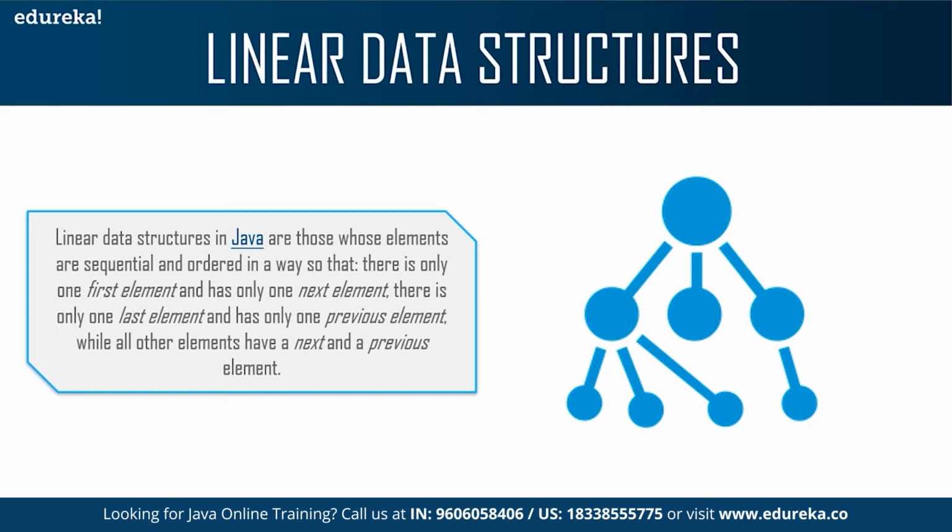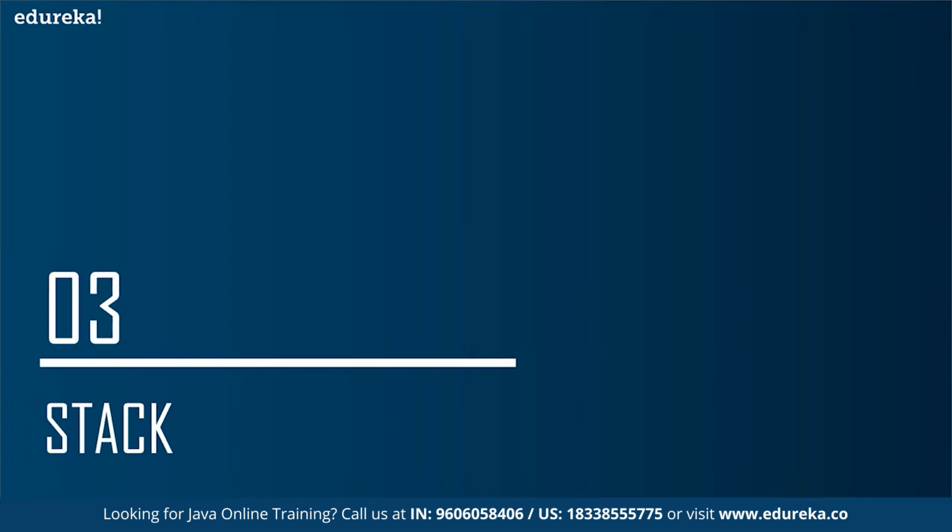So there cannot be any multiple previous elements or multiple next elements. Note that there is only one previous and next element. Simple. So based on these categories, linear data structures are divided into stack, queue, and linked list.